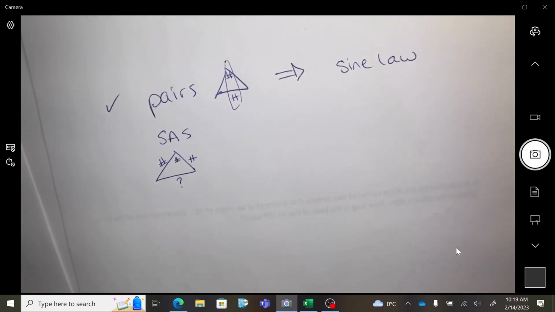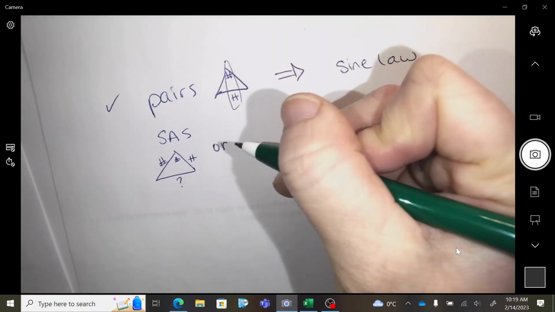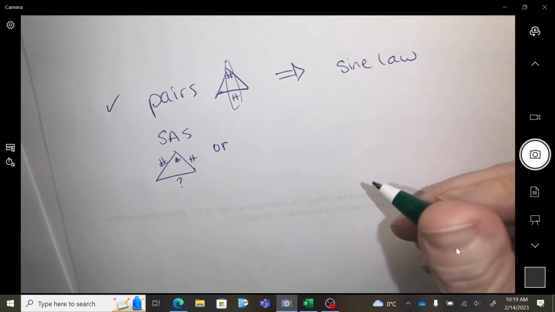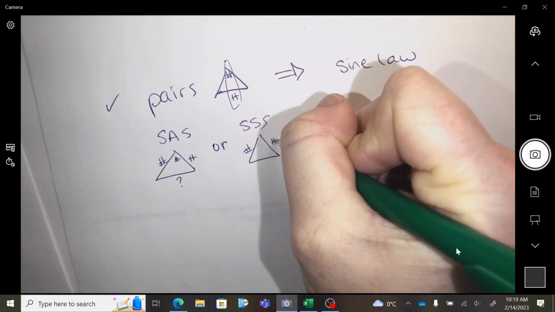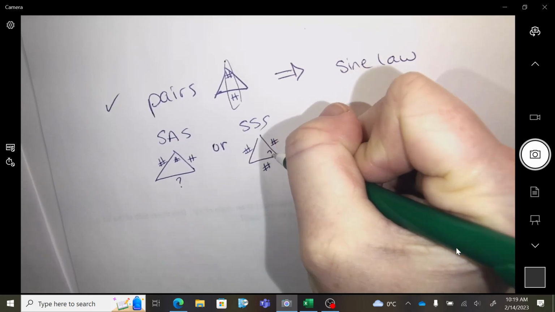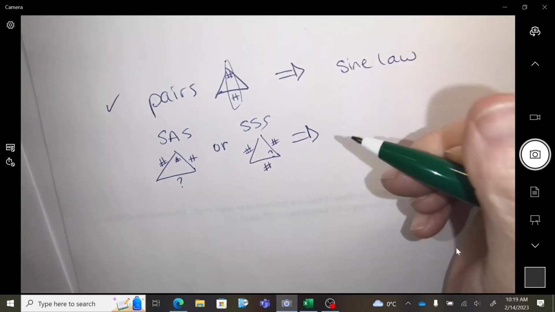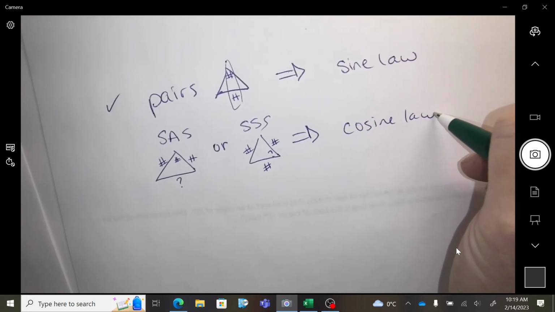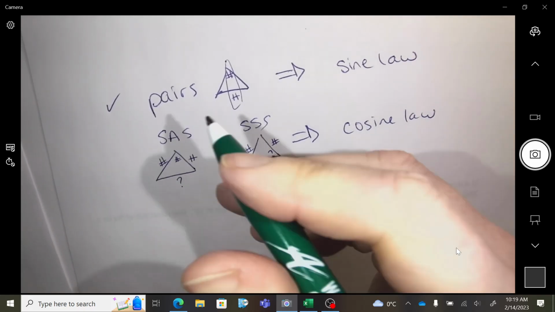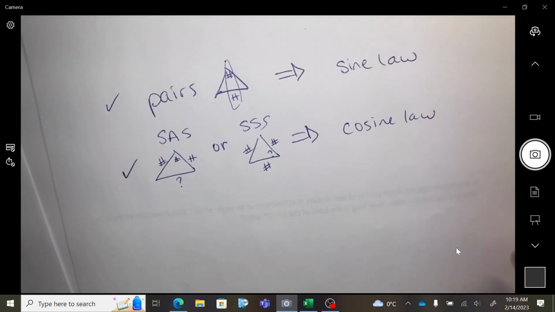If you have SAS, or triple S, then what do you do? Cosine law? Oh, I thought those were 2 different ones. Nope, that's 1. So now you have 2 points out of the 3.